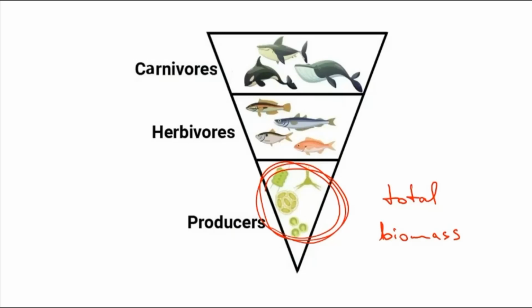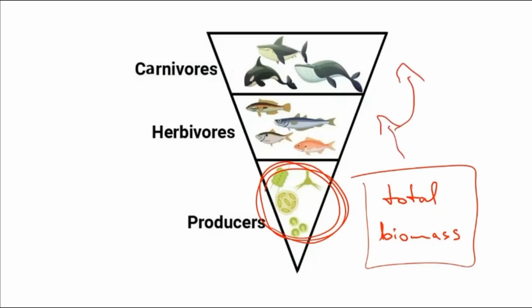So at any given time, there's less of them because they have a short lifespan, but the turnover is so rapid that it actually leads to enough total biomass to support these higher organisms. If you just glance at the pyramid, it wouldn't seem like that.